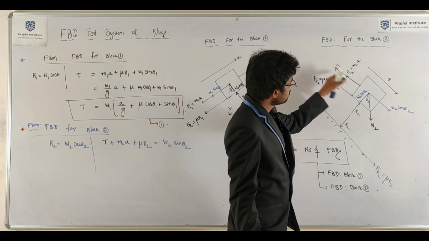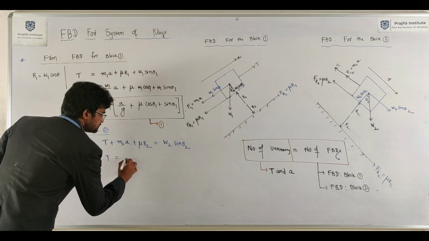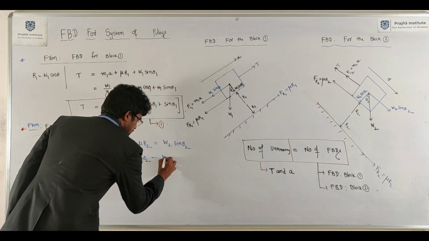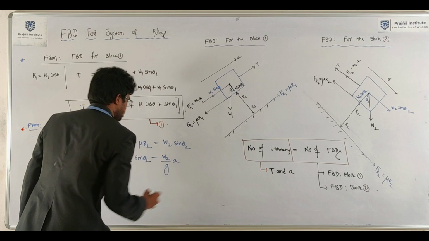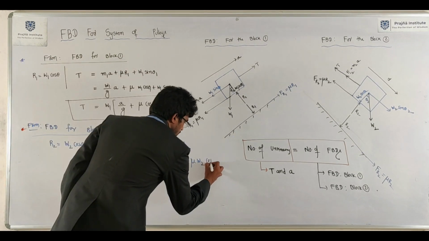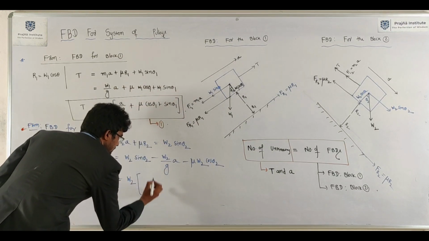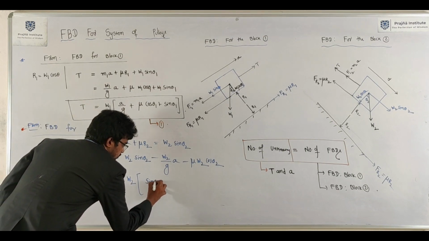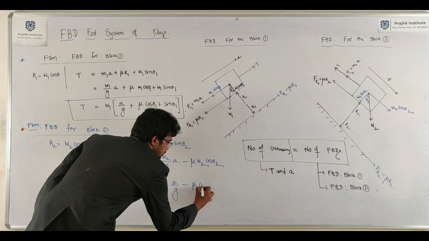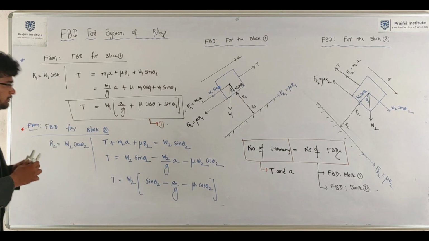Correct? Finally, tension T equals W2 sin theta 2 minus W2 by G into A minus mu into W2 cos theta 2. With W2 taken common, T equals W2 into (sin theta 2 minus A by G minus mu cos theta 2). This is the tension T.